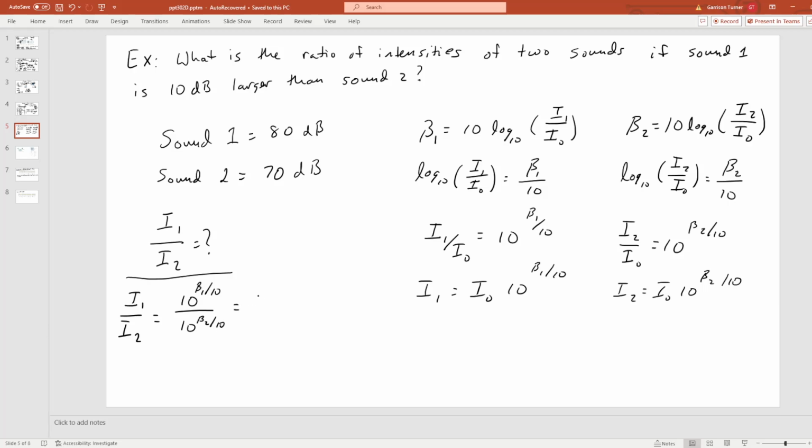And this is the same thing as 10 to the beta 1 divided by 10 times 10 to the negative beta 2 over 10.